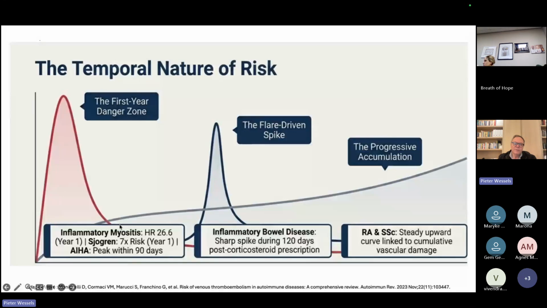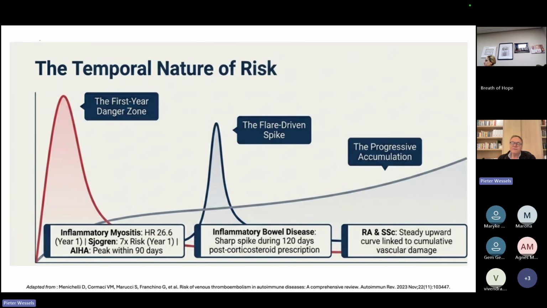Remember I told you, autoimmune hemolytic disease, in the first 90 days, they have an increased risk. Sjogren's, 7 times increased risk in the first year, and your myositis, both of them have increased risk in that first year. So that's the time that you should be worried.